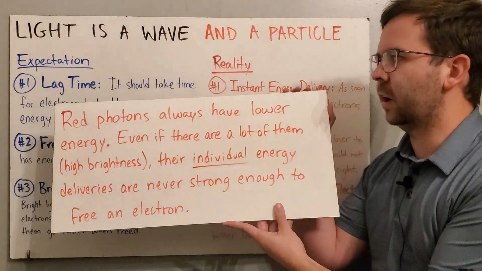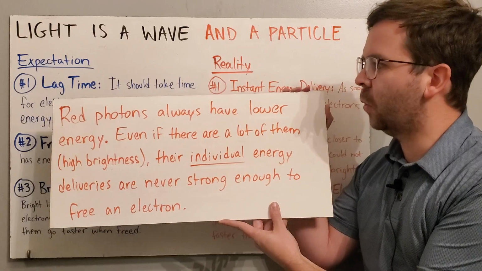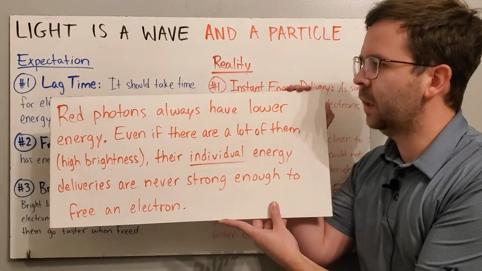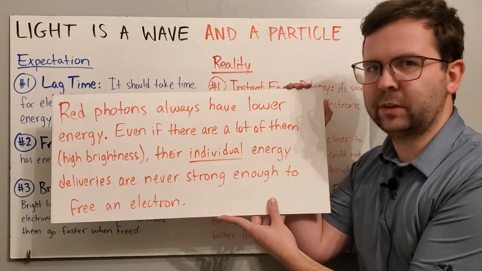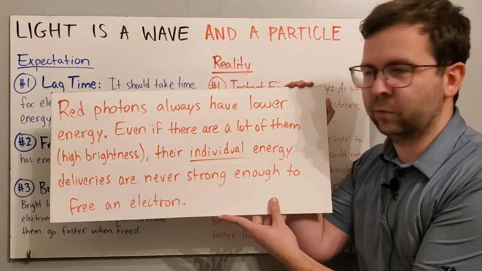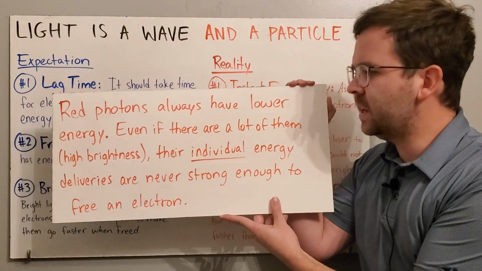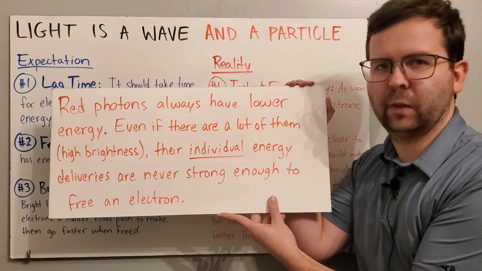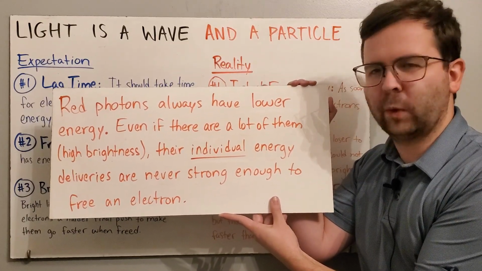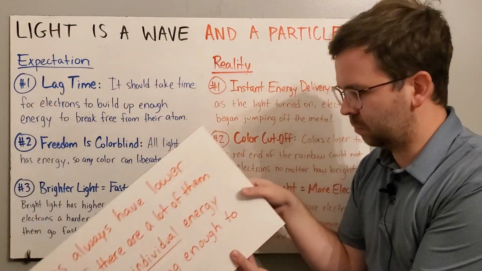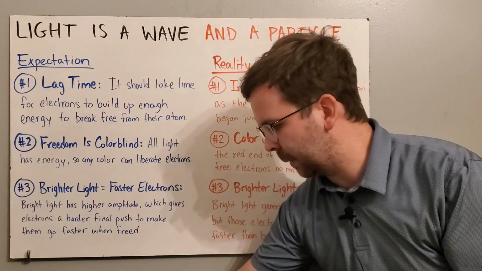Well, red photons, according to Einstein, always have lower energy because they're low frequency colors. And even if there are a lot of red photons, in other words, there's a high brightness of red light, their individual energy deliveries are never strong enough to free an electron. So this explains why red lights and other low energy lights could never actually make the photoelectric effect happen.